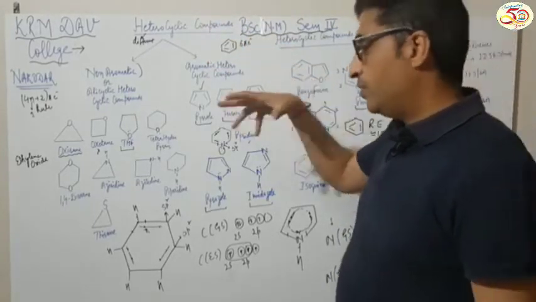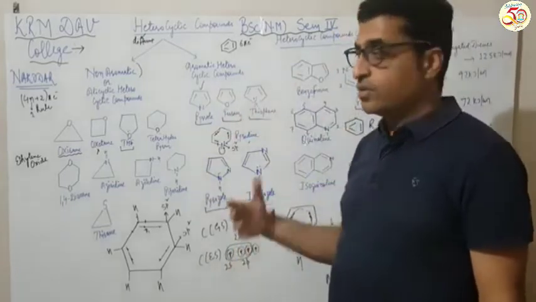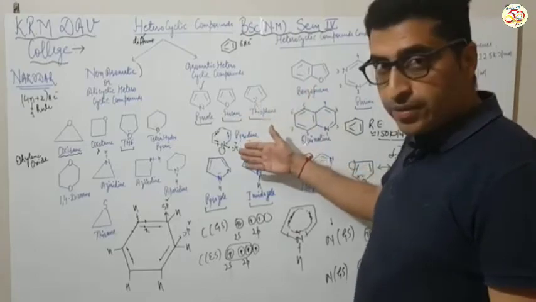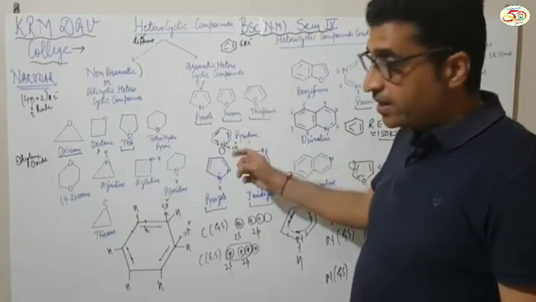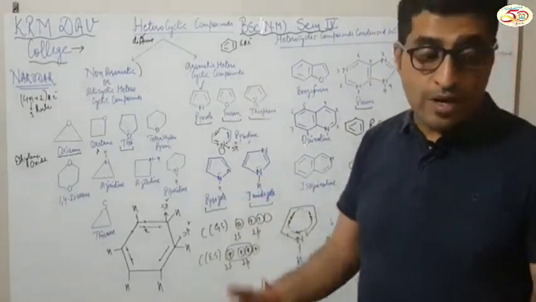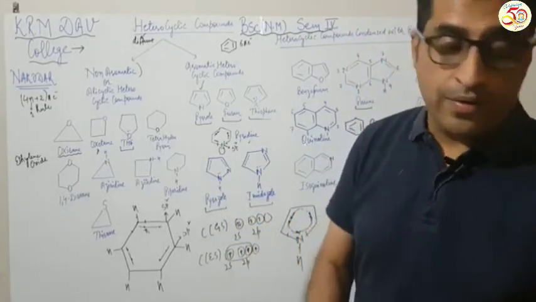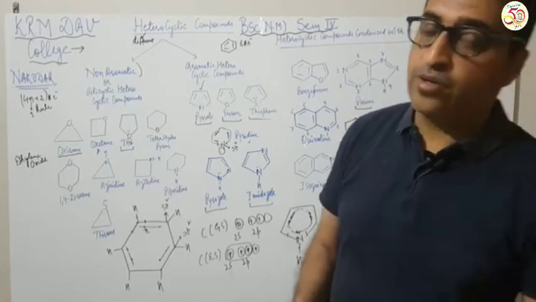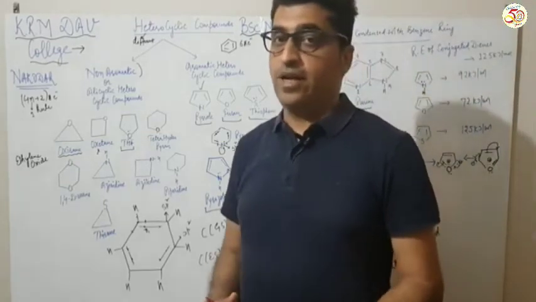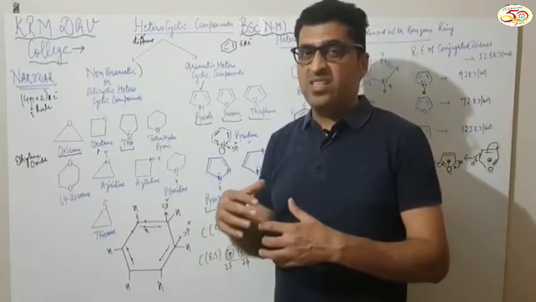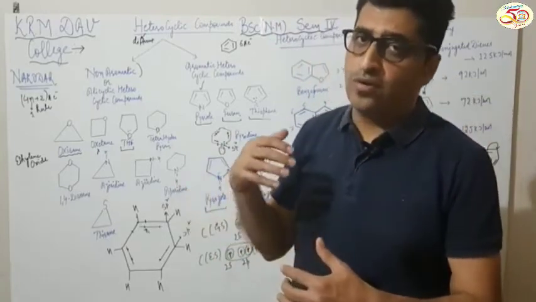The 4 molecules which we are going to study are pyrrole, furan, thiophene and pyridine. Since they are aromatic, the criteria for aromaticity are Huckel's rule, delocalization and planarity, right? And the characteristic reaction of aromatic compounds is electrophilic substitution, as we know well in the case of benzene. It means these molecules are also going to show electrophilic substitution reactions.